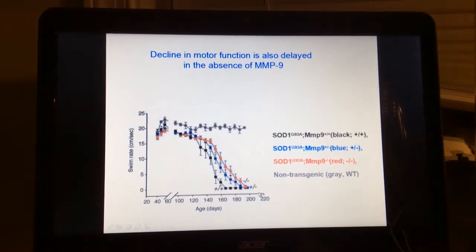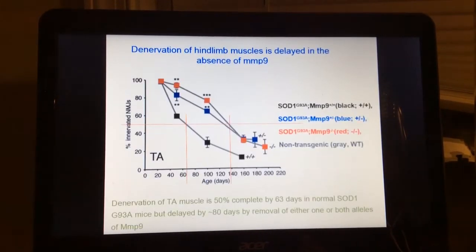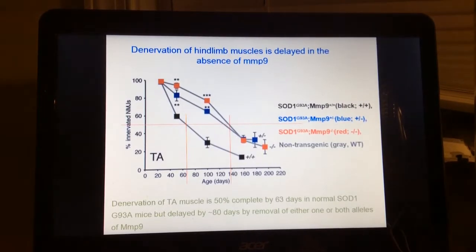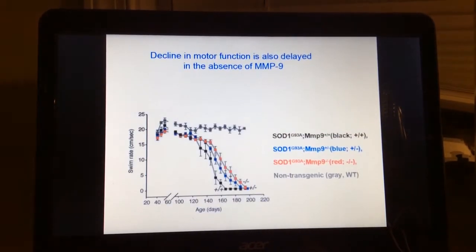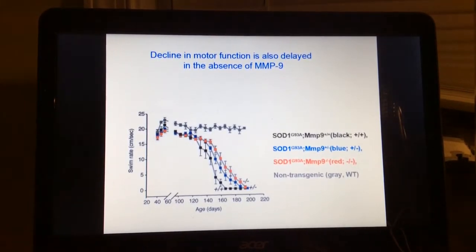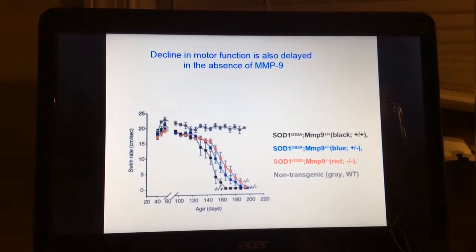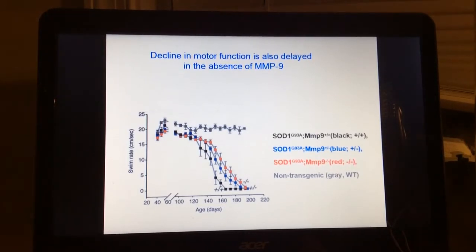This shows that denervation of hind limb muscles is delayed in the absence of MMP9. Furthermore, they observed significant improvement with MMP9 ablation in other functional tests, like the swimming test.